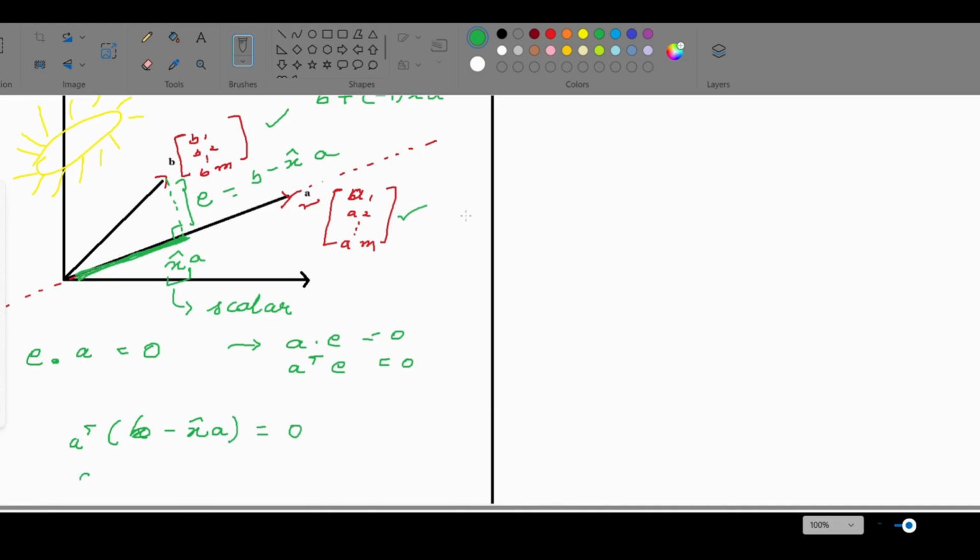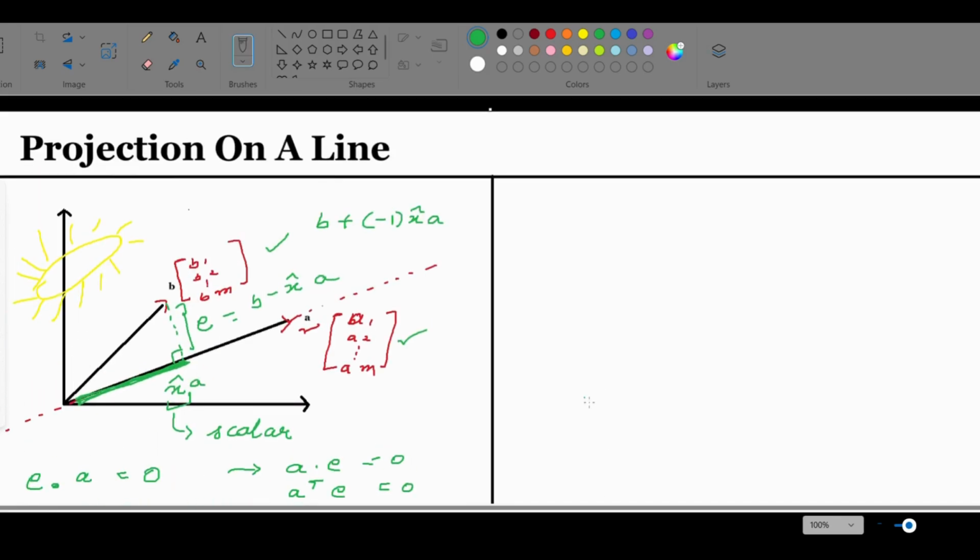Now, let's expand this further and say that A transpose B minus A transpose x cap A is equal to 0. And because x cap is a scalar value, you can also move it to the start of that term. So we can rewrite it as A transpose B minus x cap A transpose A is equal to 0.